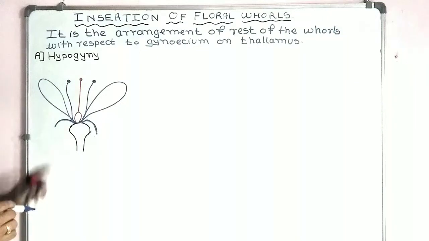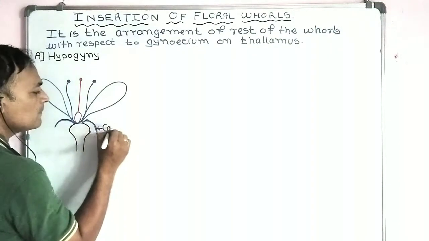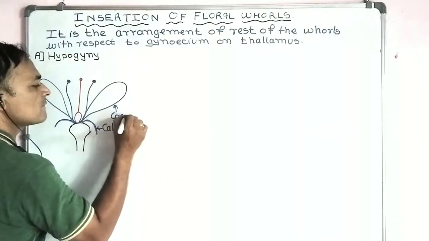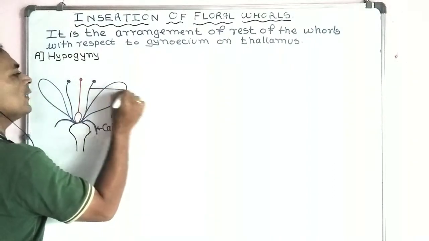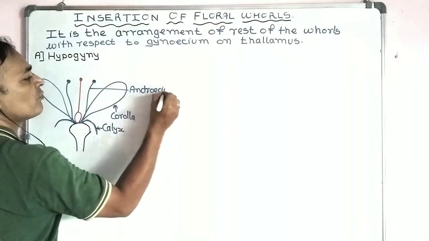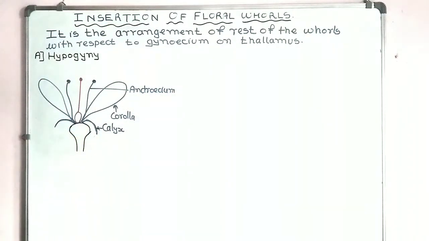As you can see, all these whorls, calyx, corolla, androecium, are arranged below the ovary.